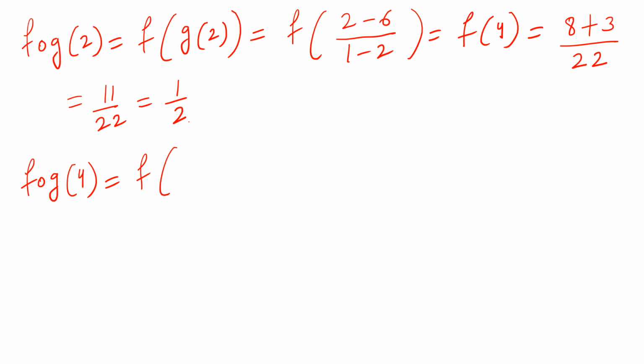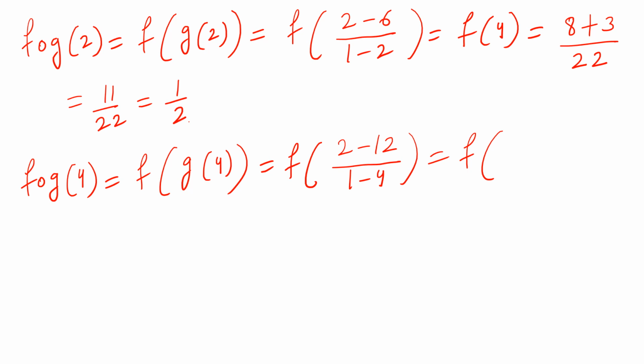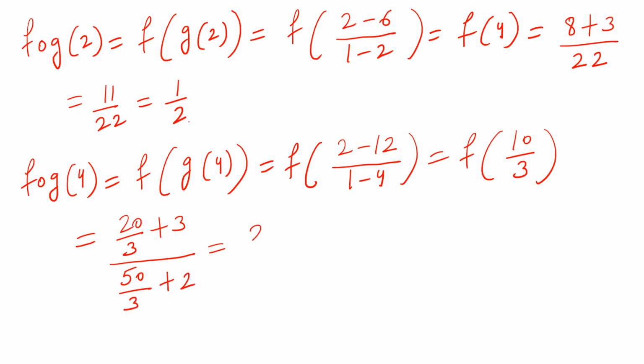So this is f inside the bracket g(4). Now g(4) becomes equal to (2 - 12)/(1 - 4), and this is f(10/3). Now f(10/3) is equal to (20/3 + 3) divided by (50/3 + 2). Now students, this is 29/56.